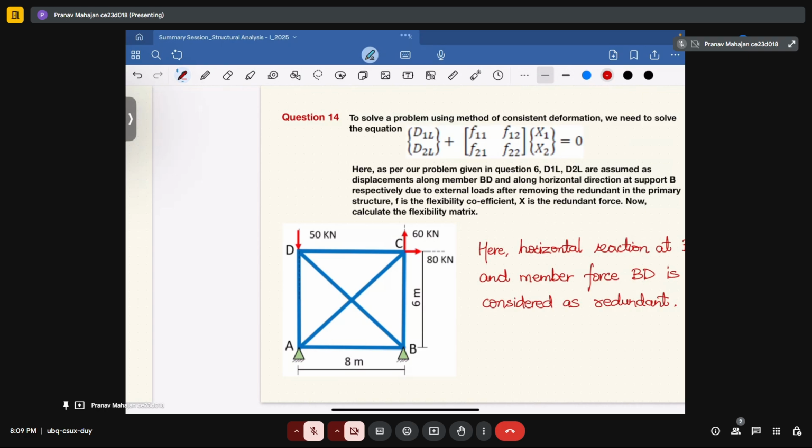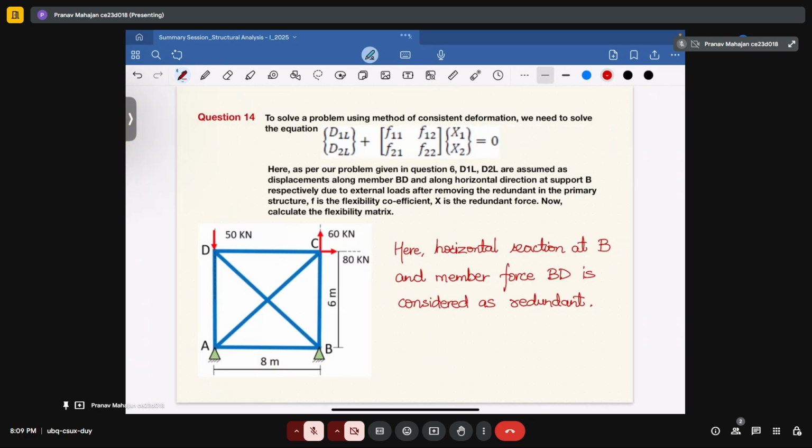Now, what is given in the question? You have to solve the problem using the method of consistent deformation using the equation. This equation is based upon the method of consistent deformation as you have solved previously. For our problem, DL1 and DL2 are assumed to be the displacements along the member BD and the horizontal reaction at B. Why have we taken the horizontal support reaction and one member?